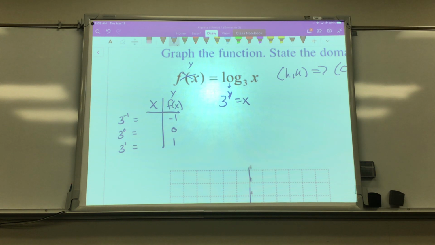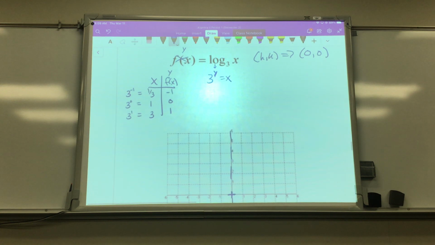Alex? 1/3. 3 to the 0 is 1. And then 3 to the first? 3. Now, anytime you graph log base 3, that's going to be your table, because we don't have to worry about a value, right? That's your table every time you use log base 3.